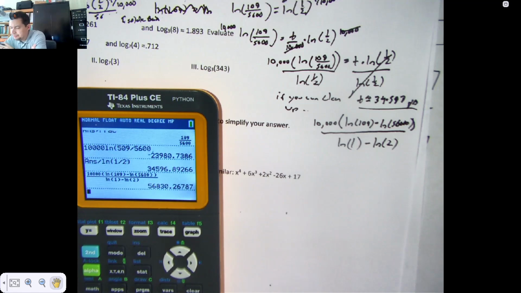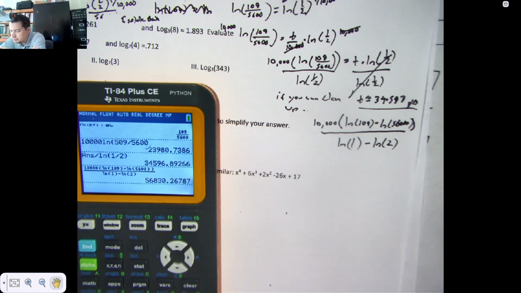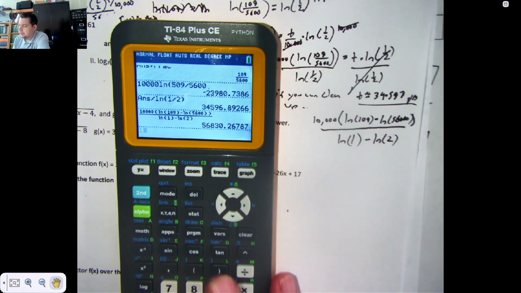I wonder what happened there. I know they're the same. Let's try not using the fraction key.